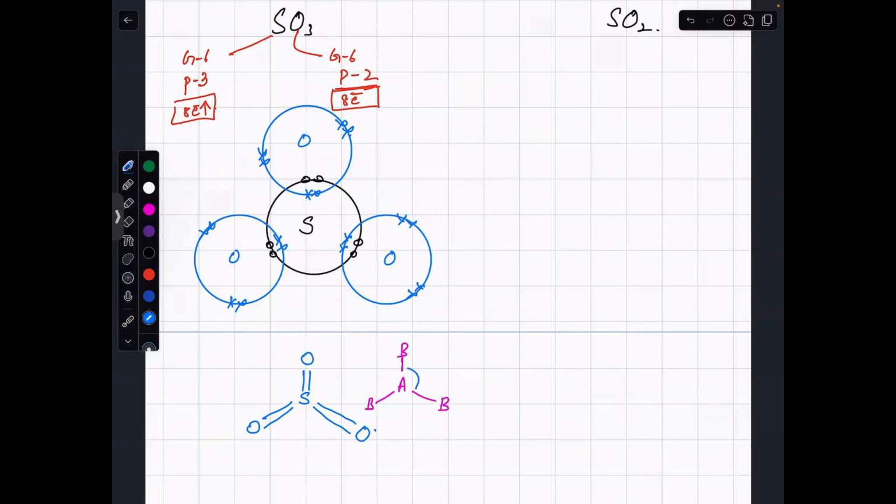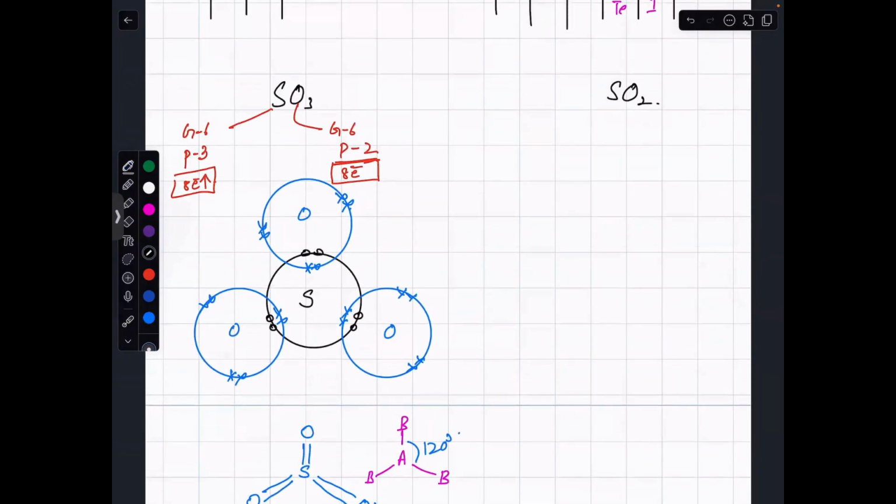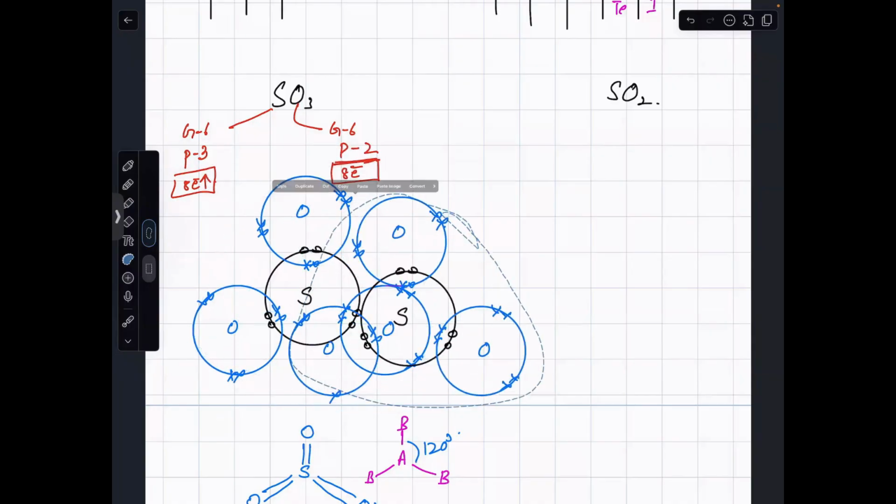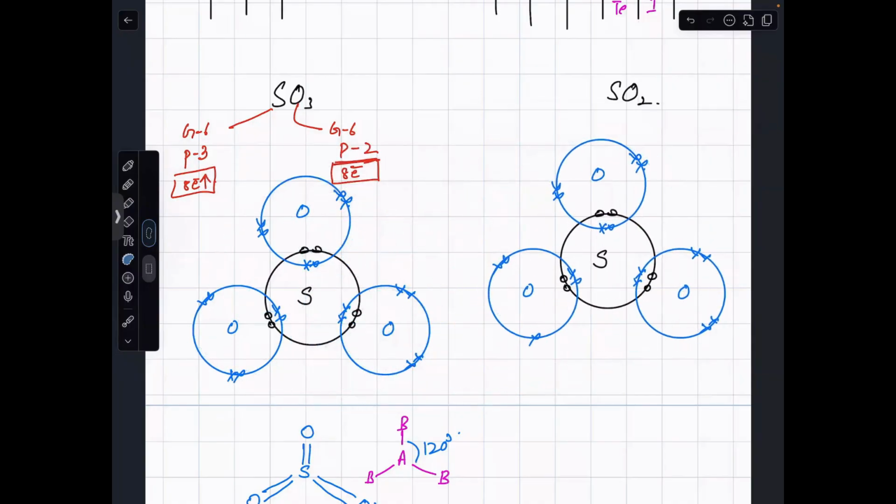It is 120, trigonal planar. And if I do exactly the same for SO2, look, I'm going to delete this oxygen only. So it becomes SO2.